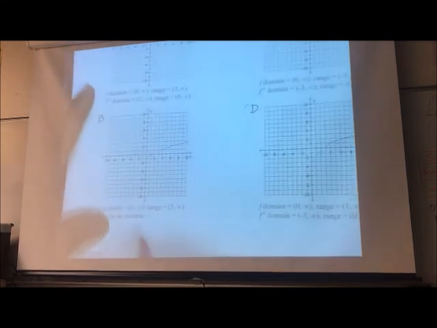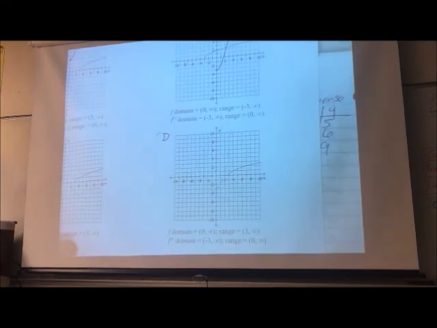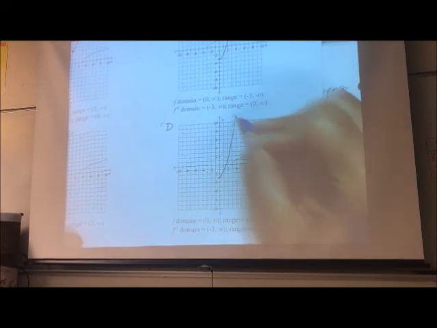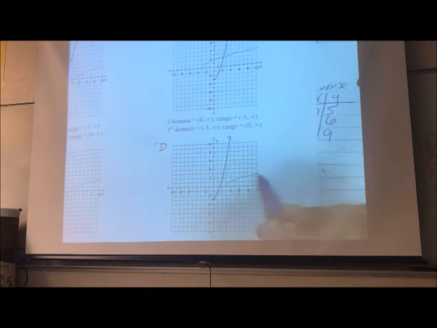For B, it says there is no inverse, so there is no other graph. For D, it starts off at 0, 3, and it goes like this also. So it's like C, but the difference between C and D is where the original one starts.